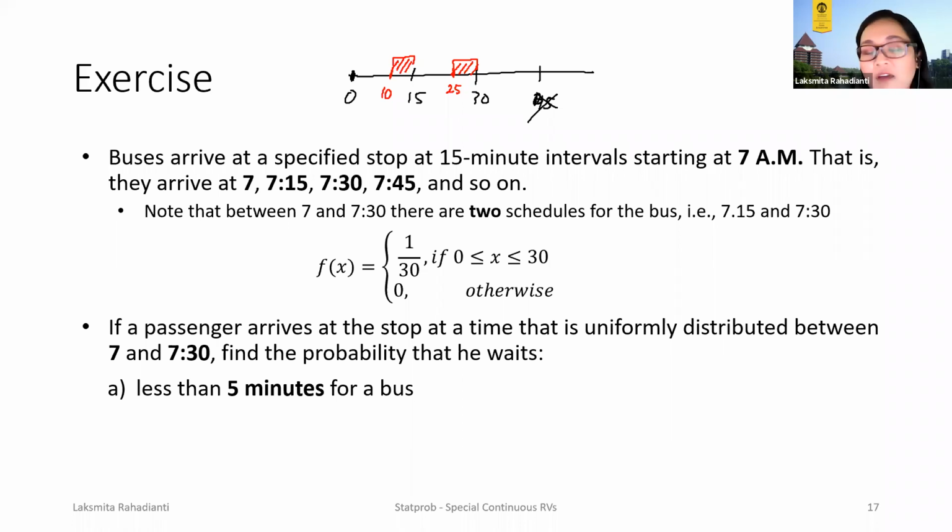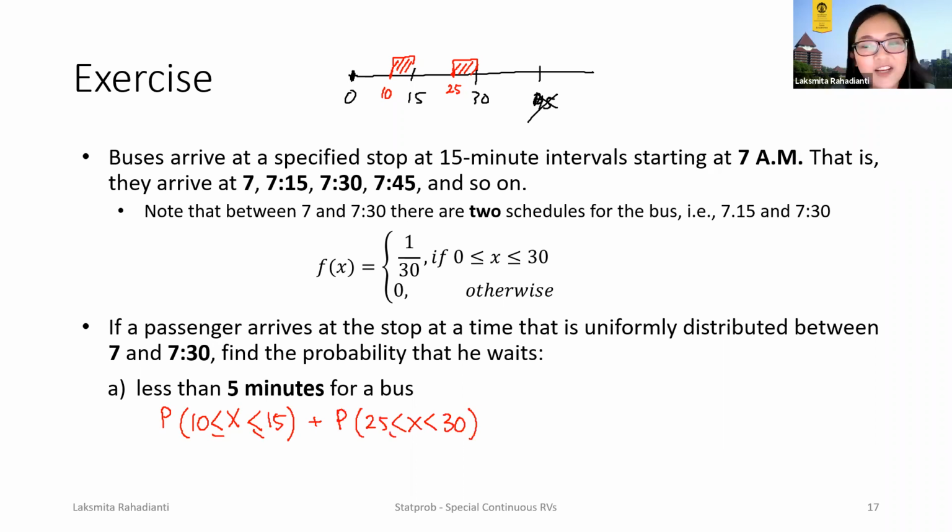In other words, if I were to write it down, what is the probability that he arrives between 10 and 15, and the probability that he arrives between 25 and 30. There we go. Sorry, interruption. Okay.